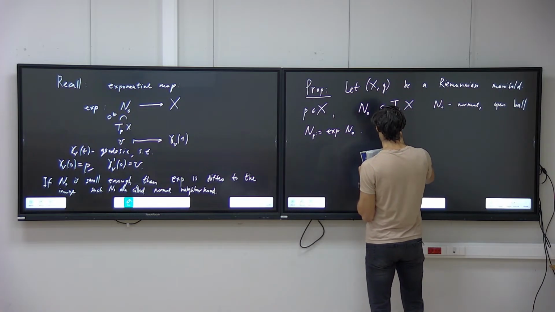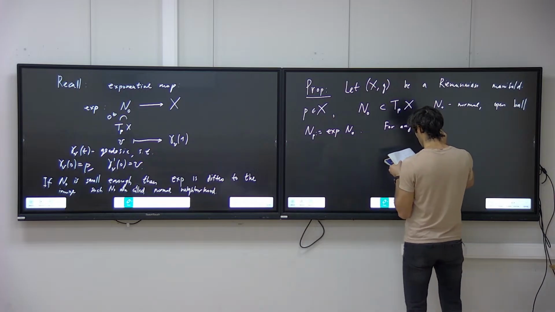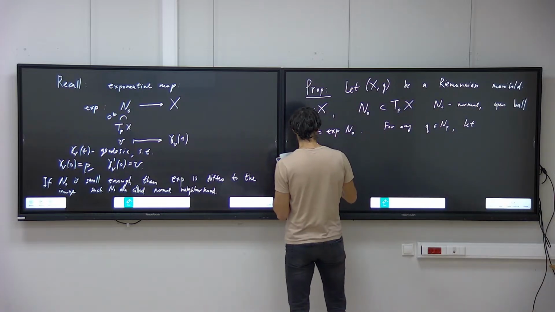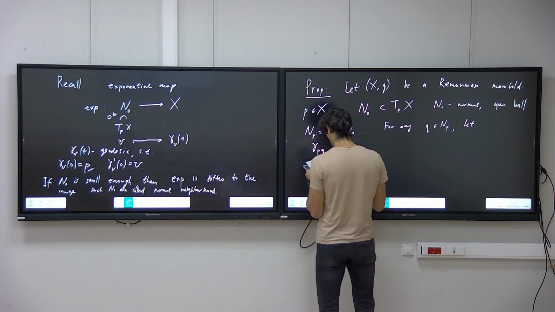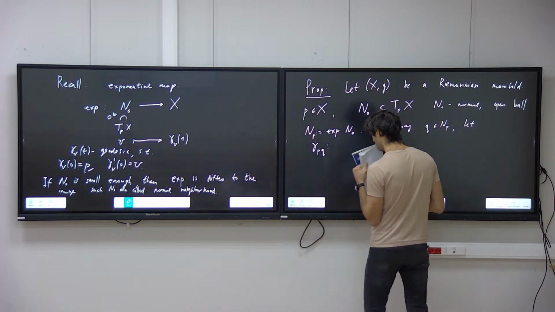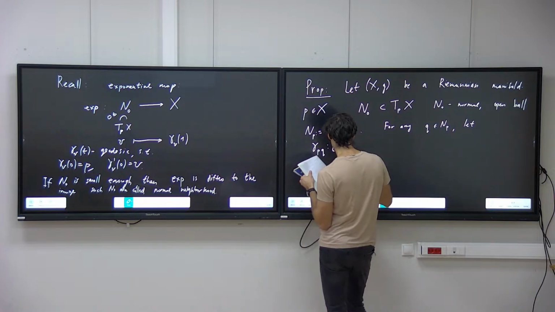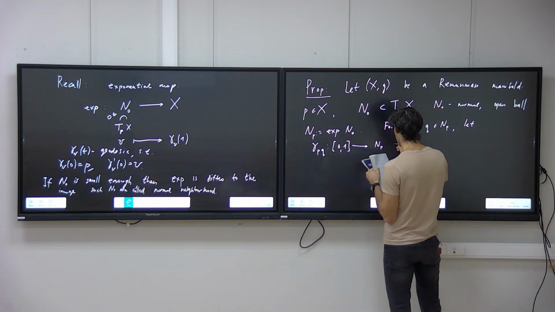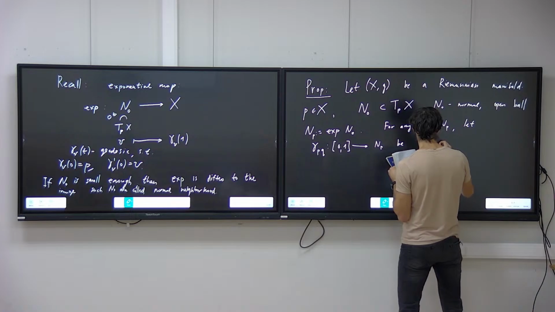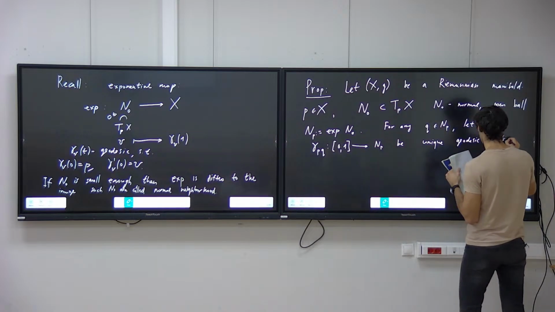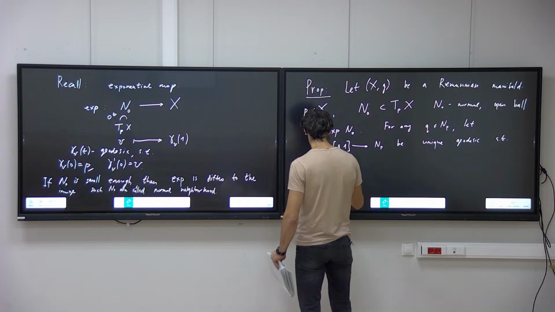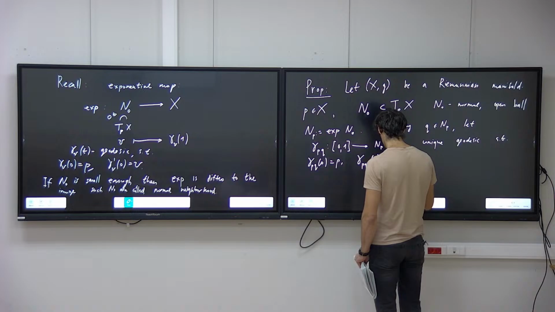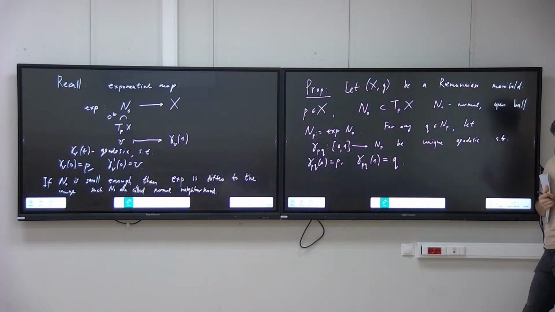And another notation: for any Q from N_P, let gamma_PQ, a curve from [0,1] to N_P, be the unique geodesic such that gamma_PQ(0) is P, and gamma_PQ(1) is Q. So such a geodesic is unique.